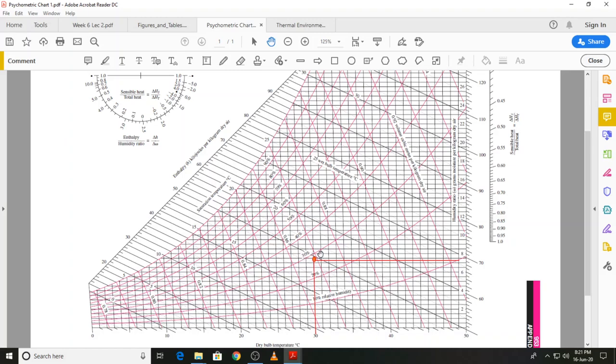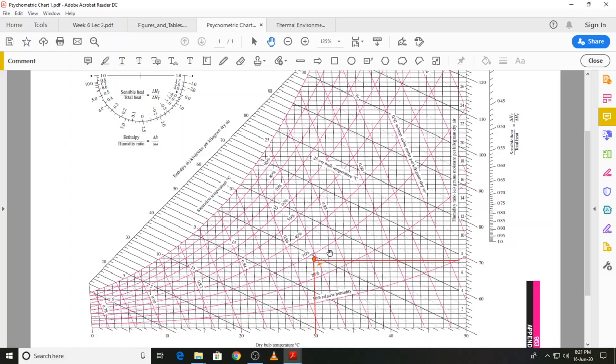This is the 30% relative humidity line, and if I just through observation try to estimate the value, if we are somewhere in the center, this would be close to 25. So this is around 28% from observation.